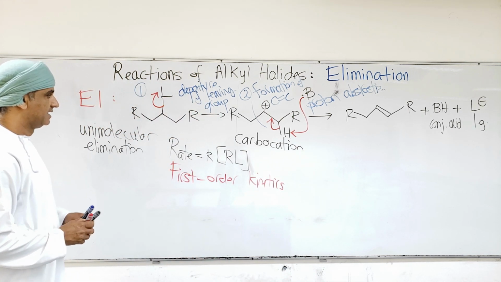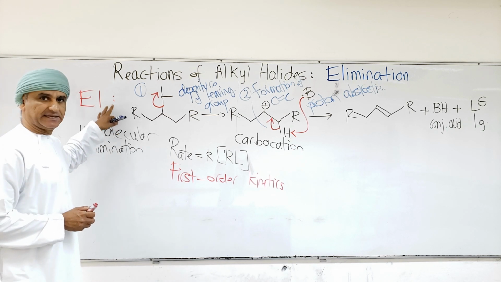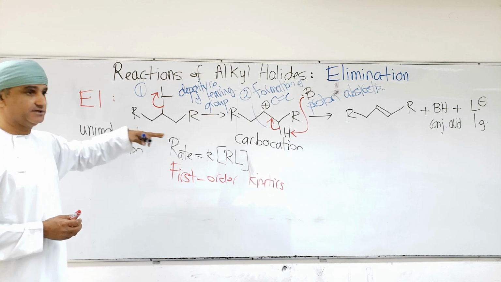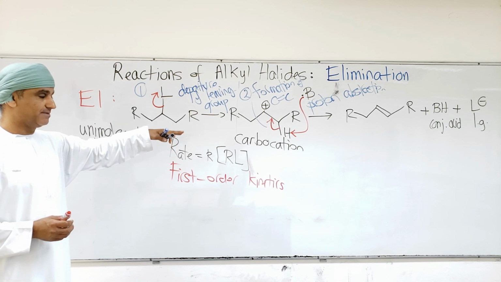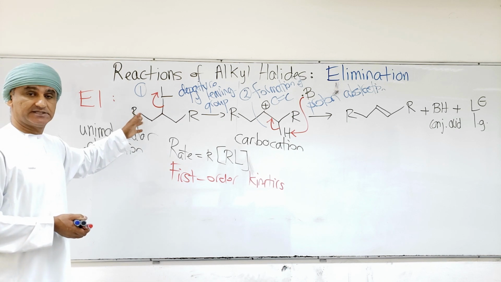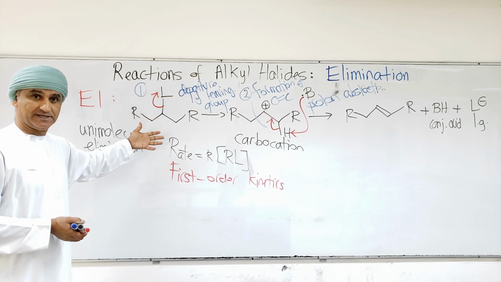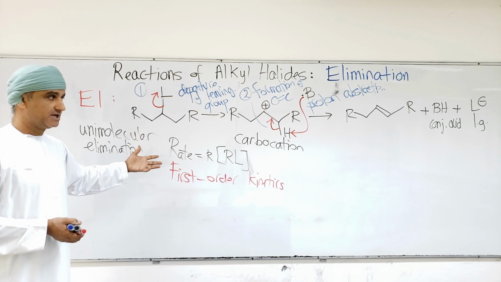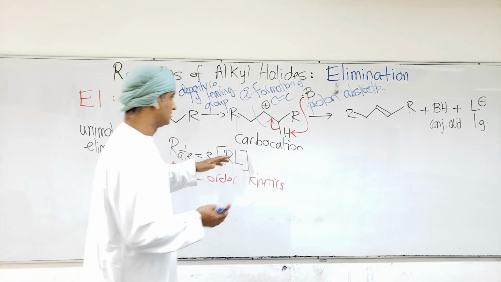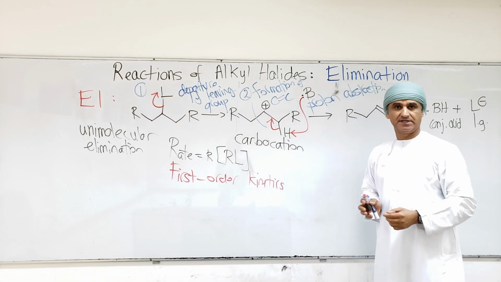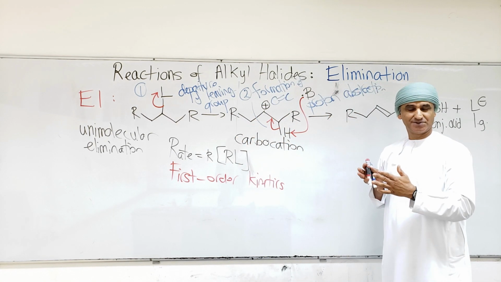Now, since the E1 mechanism, just like the SN1 mechanism, proceeds through a carbocation intermediate, therefore the base here does not have to be strong. The base in E1 reactions doesn't have to be strong. Why? Because the base is going to react now with an already highly electrophilic carbocation intermediate.